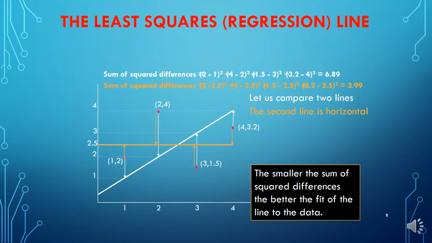This is what you should note. So we should try to always minimize the sum of squared errors in such a way that it is the least. So you keep choosing different B0s and different B1s. Each line has got different B0 and B1. So you choose the B0 and B1 and find out the sum of squared differences.